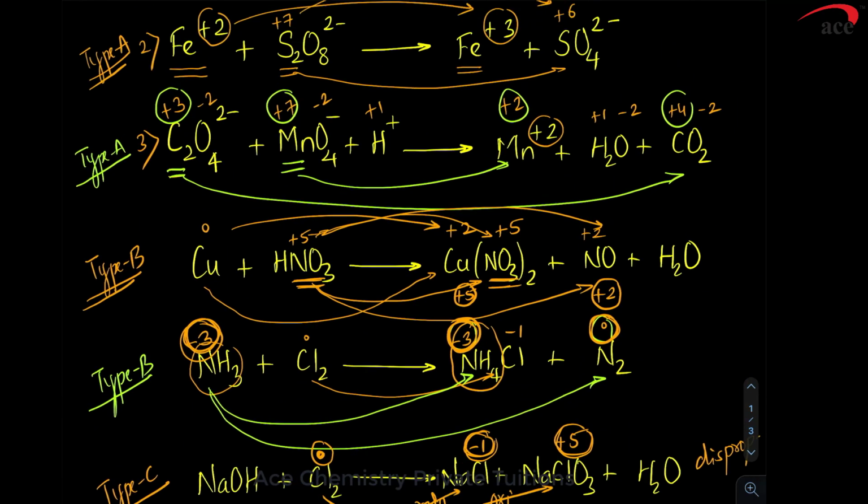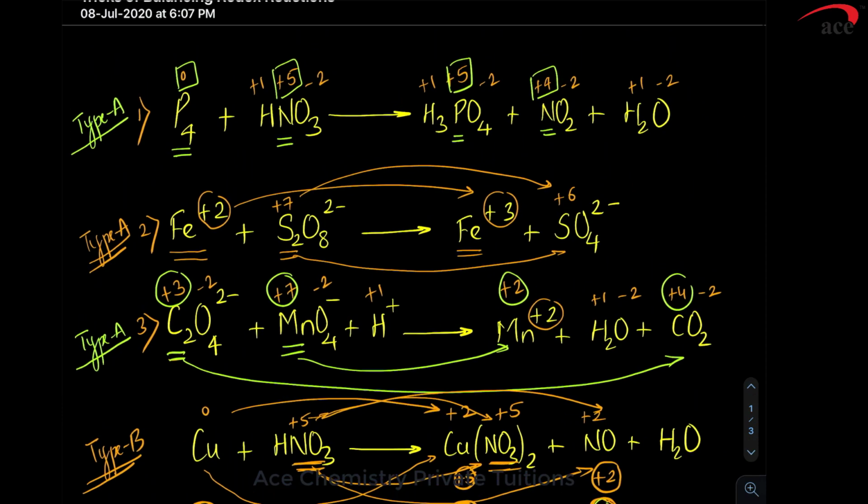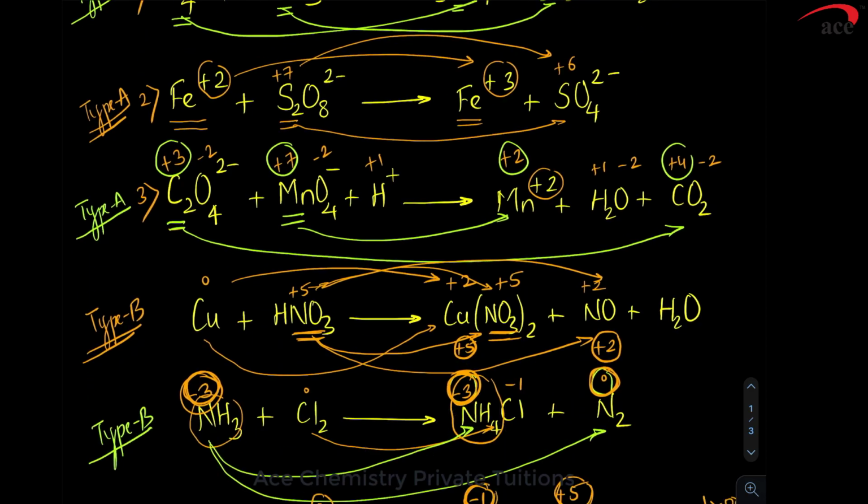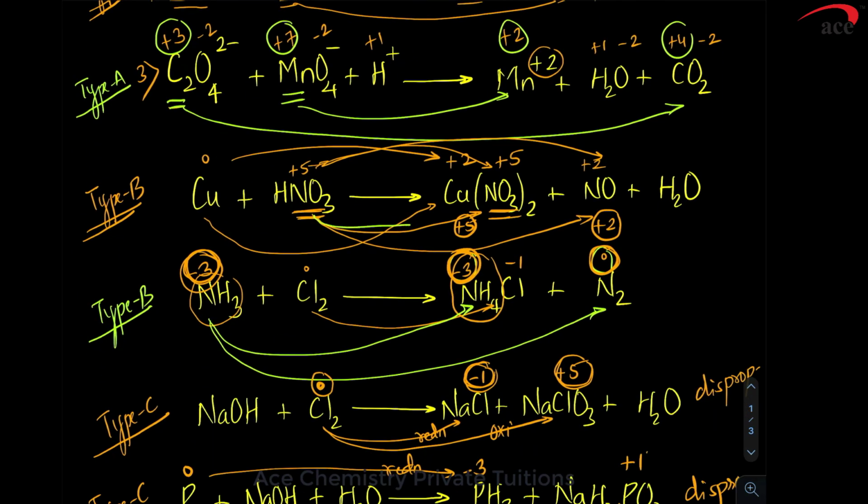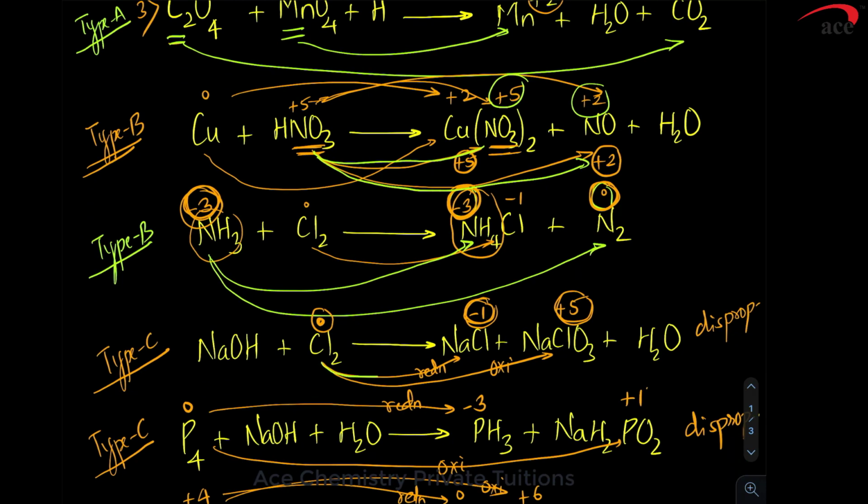So how many types? Type A, simple one, 1 to 1. Type B, 1 to 2, where one oxidation state is the same, the other changes. Type C, 1 becoming 2, where the oxidation states are different from what you started with.